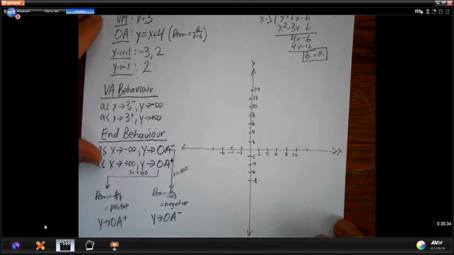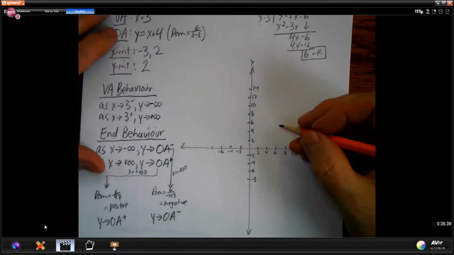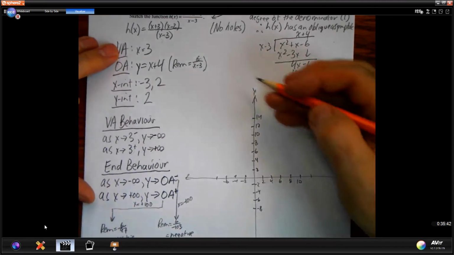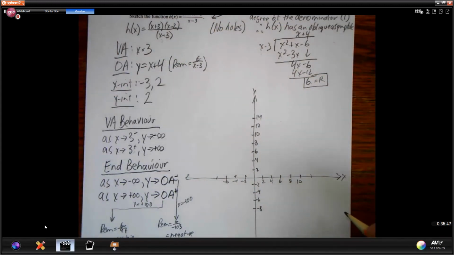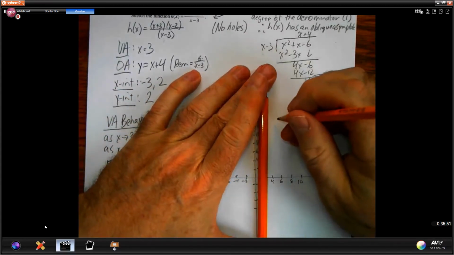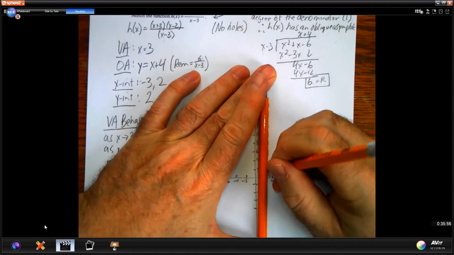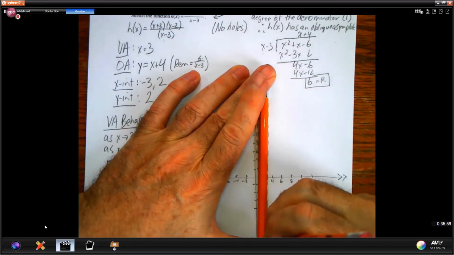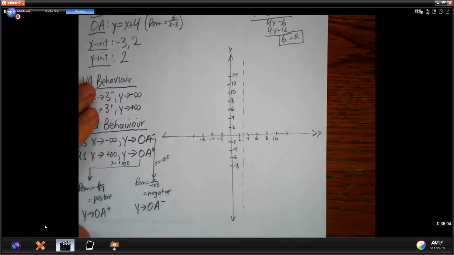Okay, so again, the first things we always draw are the asymptotes. If I go back up here, I have a vertical asymptote at x equals 3. I'm going to try to draw a little straighter now. So x equals 3. Okay, so approximately there. Now the oblique asymptote, I don't have a horizontal, as a reminder.